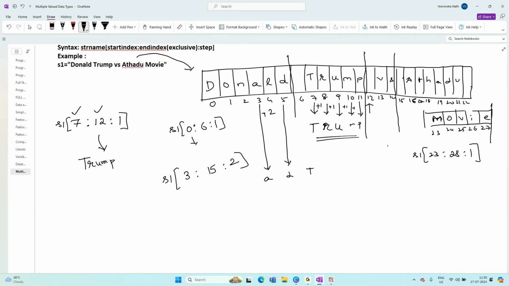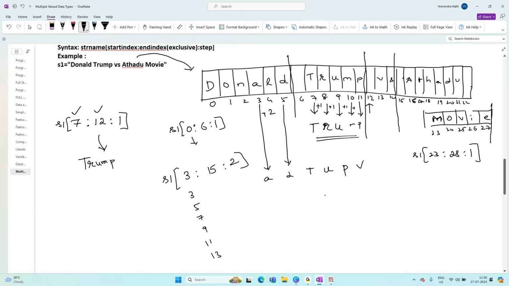Sure. Okay. So after T comes U, then V. Sure. Space will come or not? Space will come. So generally it is 3, 5, 7, 9, 11, 13.